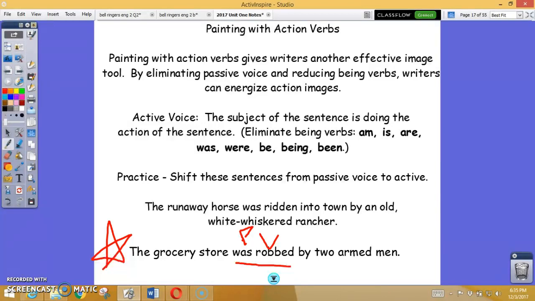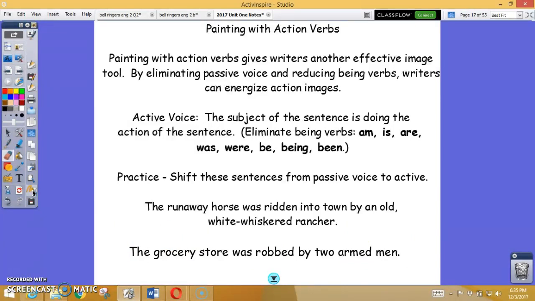The people who did the robbing, who should be the subject, would be the 2 armed men. The grocery store is what was robbed. Okay? So again, we have this all out of whack. This is again passive voice, and it is wrong. So let's again fix that. All right.